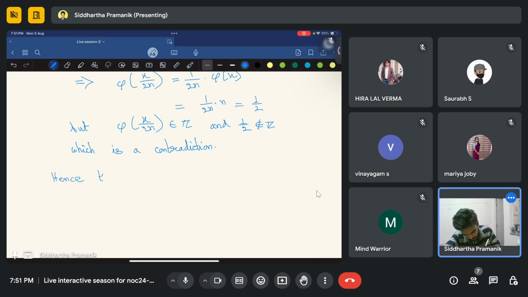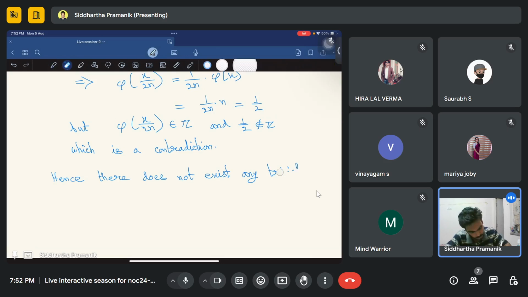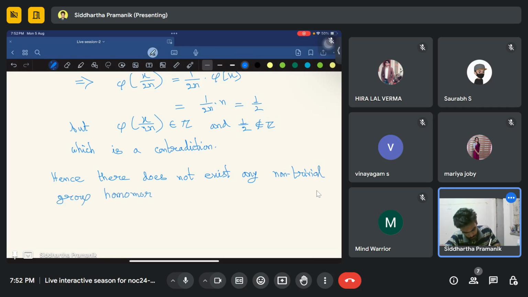Hence, there does not exist any non-trivial group homomorphism from (Q, +) to (Z, +). Okay, I hope this proof is clear.